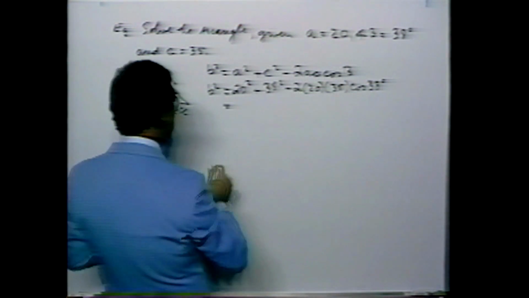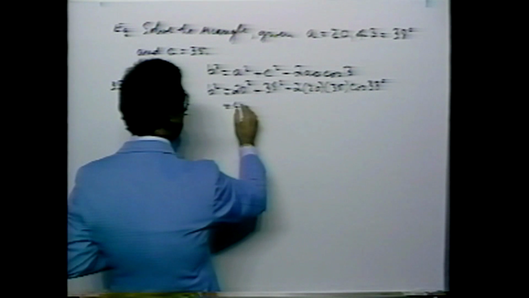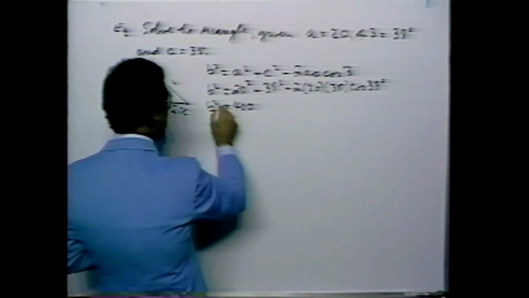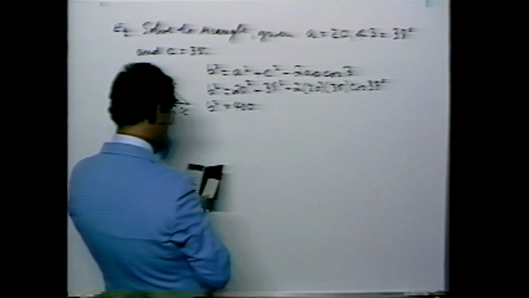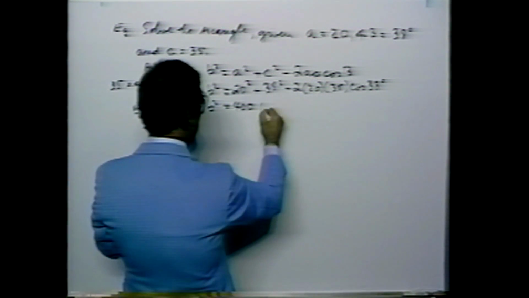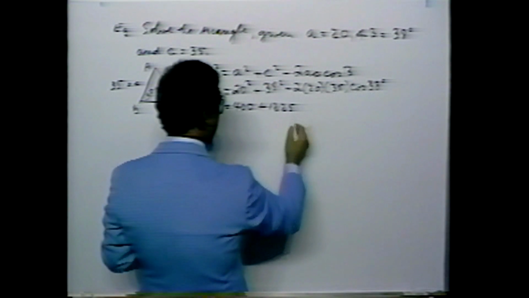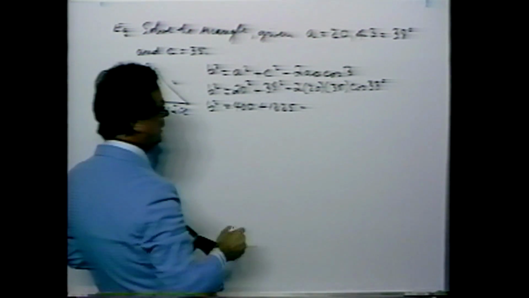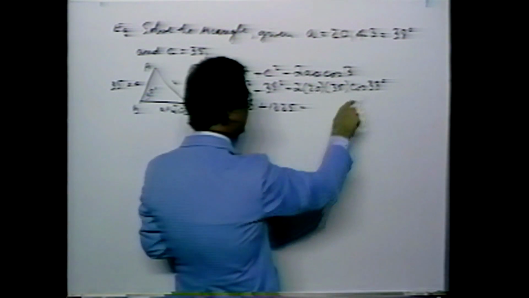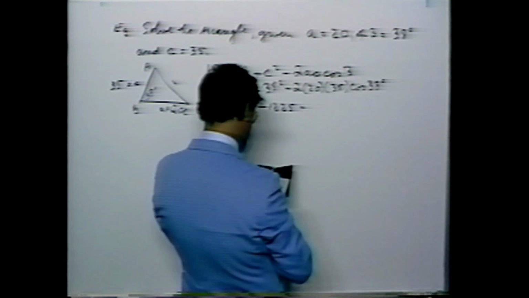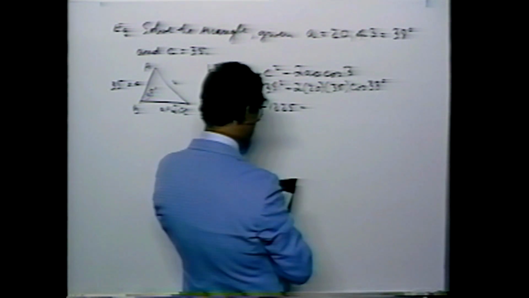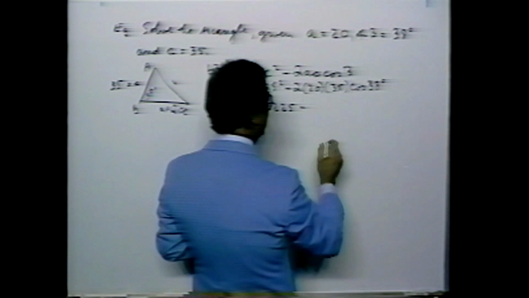Using the calculator, we have 20 times 20, which is 400, so we can express the squares of the quantities there. Now we have cos 38. We'll work out the cos of 38 degrees, and it is 0.788 approximately.